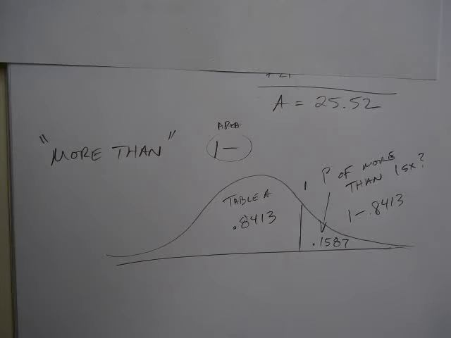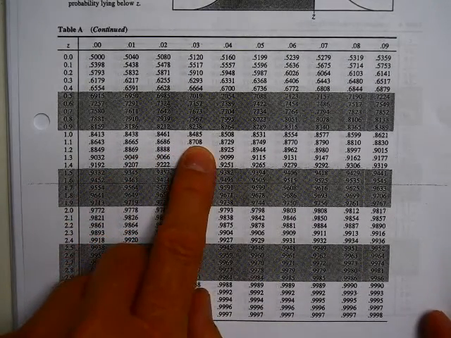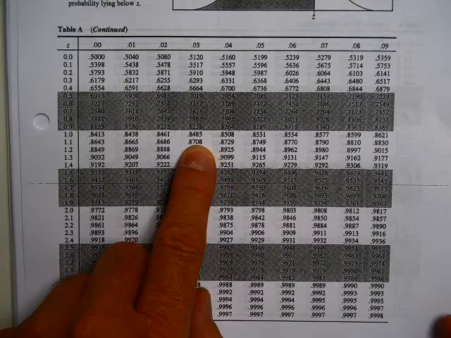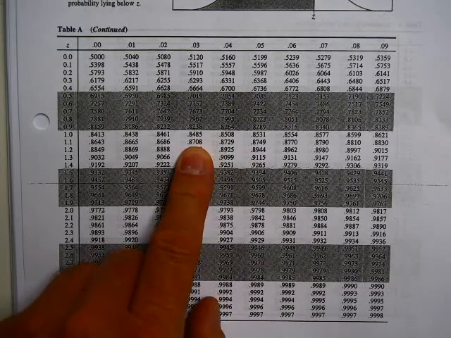All right. So in the case of our 1.13, if we were to look that up, 1.13 is about 87.08%, or 0.8708. For the fun of it, take 1 and subtract that.